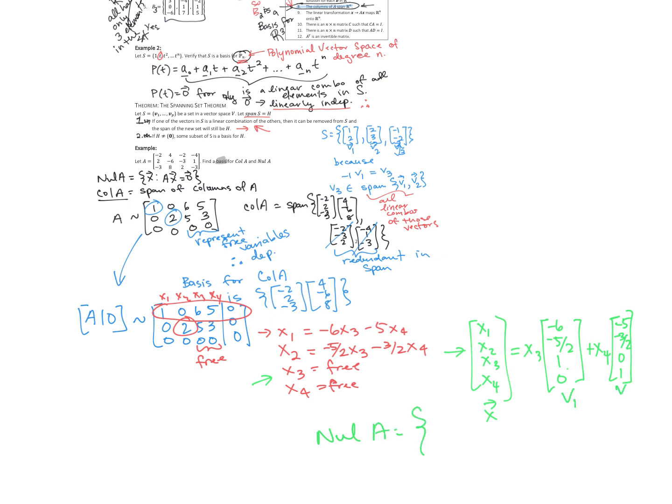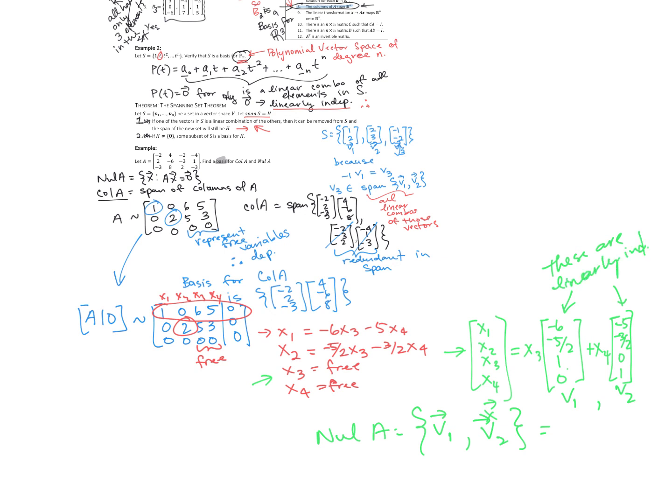I'm going to call these v1 and v2 just because I'm tired of writing them. So the null space is v1, v2. And this is also defined as a basis for the null space of A. These things are automatically linearly independent, right?